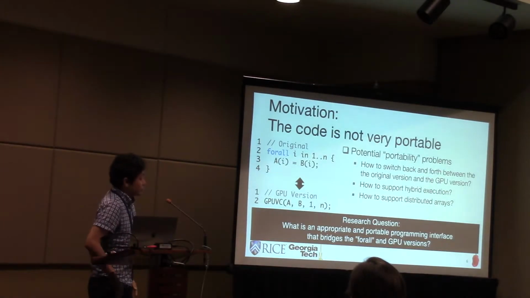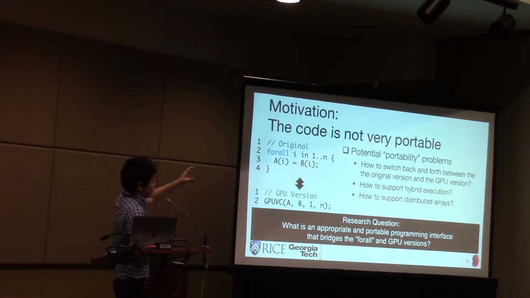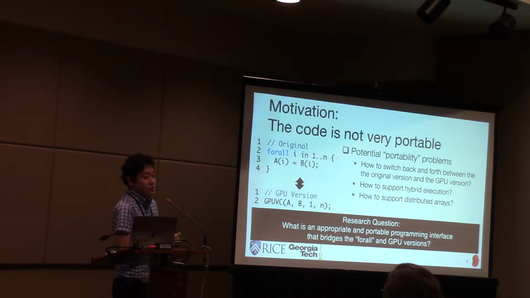But one problem is that this code is not super portable, because you have to switch back and forth between the original version and the GPU version, because GPU is not always faster than CPU. If you are running this loop with really tiny loops, like 32 or 64 iterations, maybe CPU is faster than GPU.